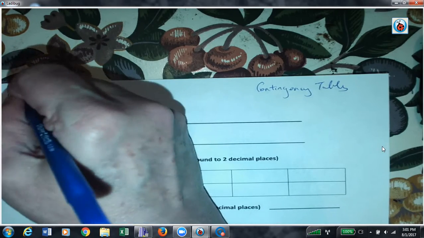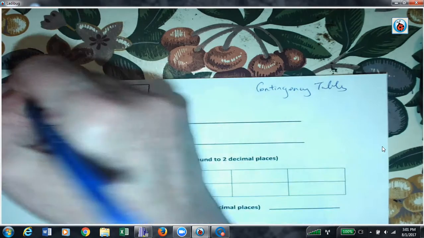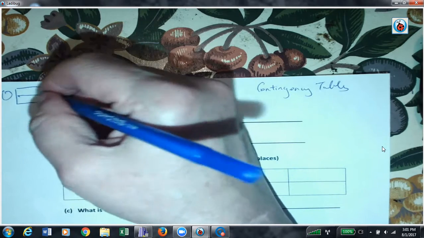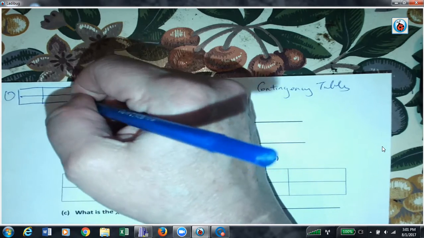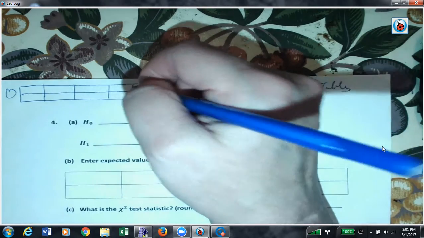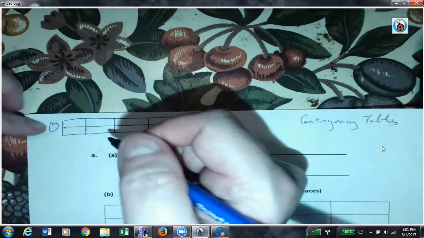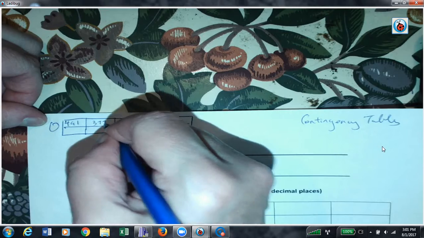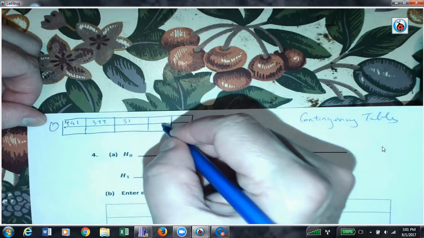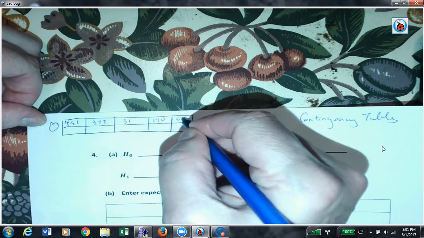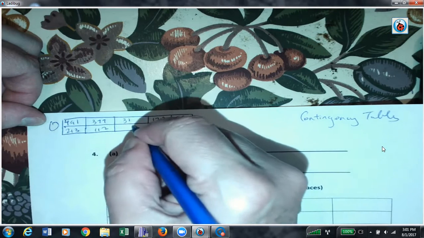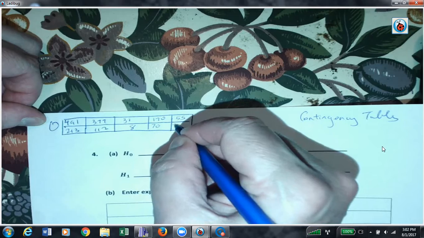Okay, so these are all my observed values, and I'm just going to copy them down here. 491, 377, 31, 170, 55, 213, 112, 8, 70, and 26.